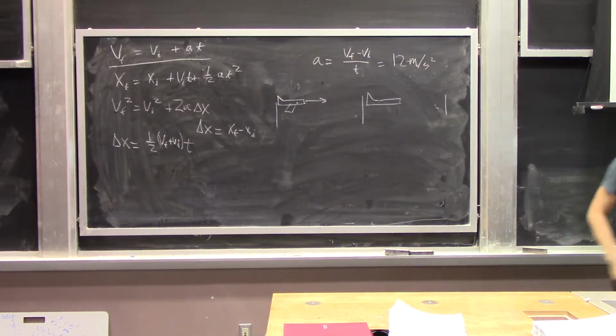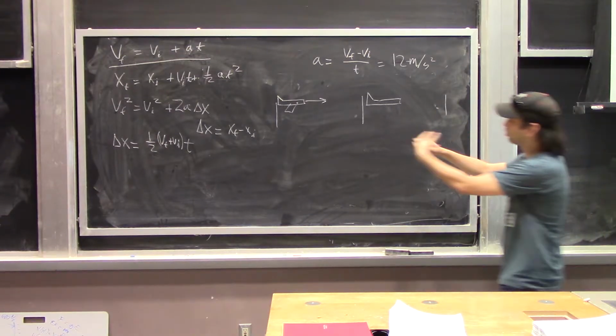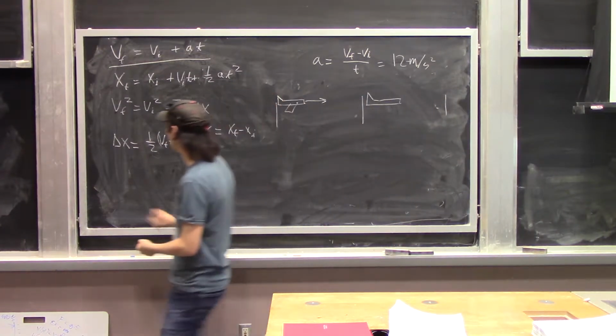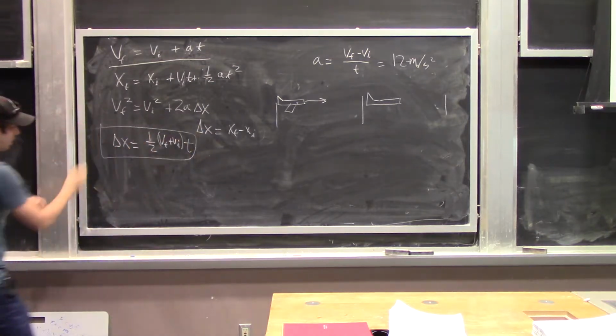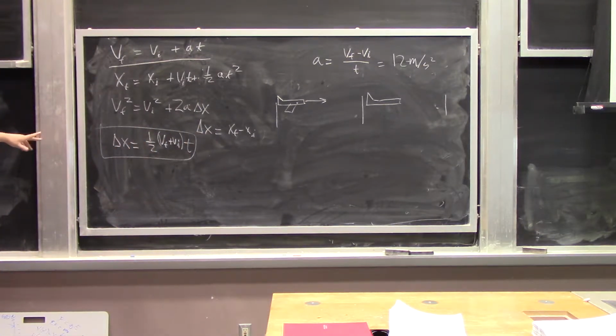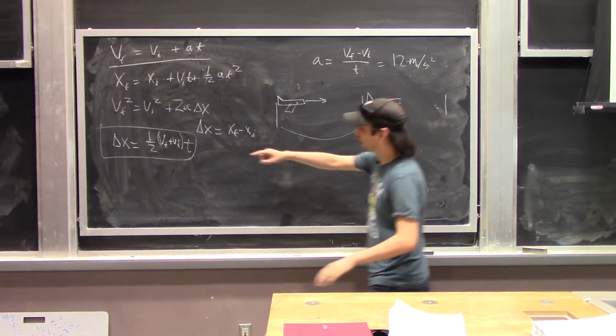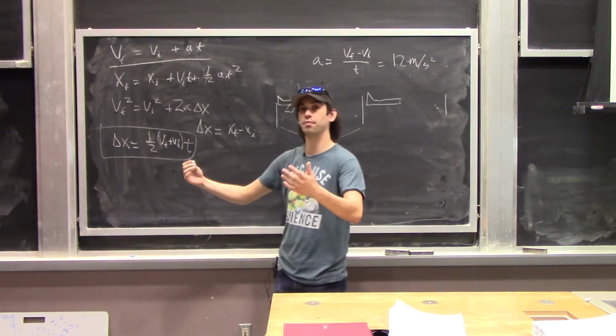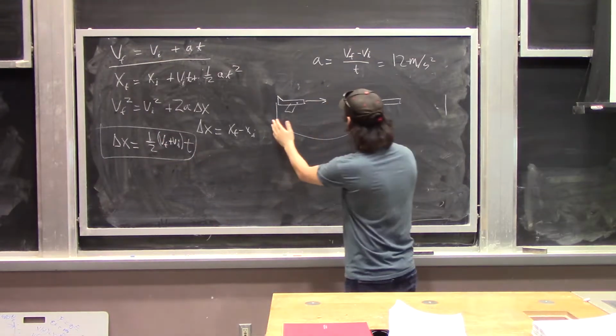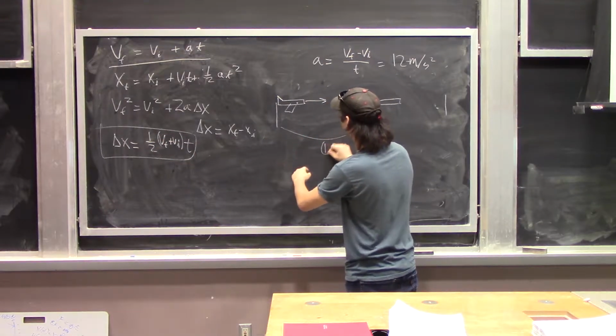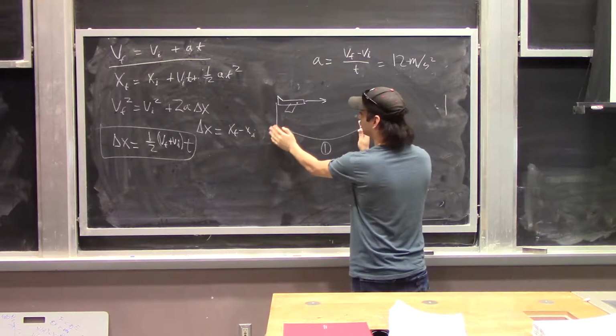Okay. Now, when we go to find the total distance here, a lot of people use this equation. That's perfectly fine, but you have to be careful, because for interval 1, the initial velocity and the final velocity are the same, since the velocity doesn't change.